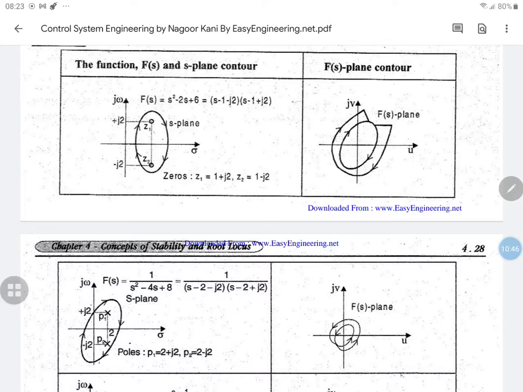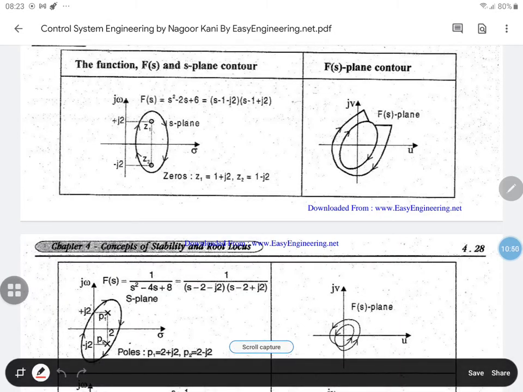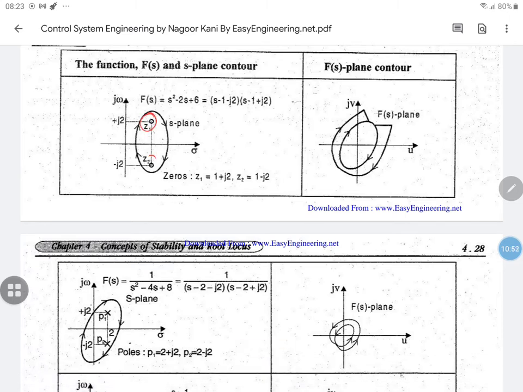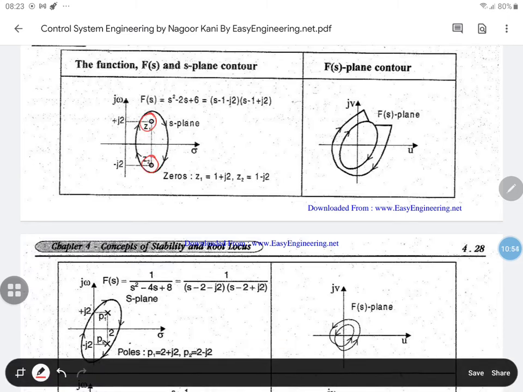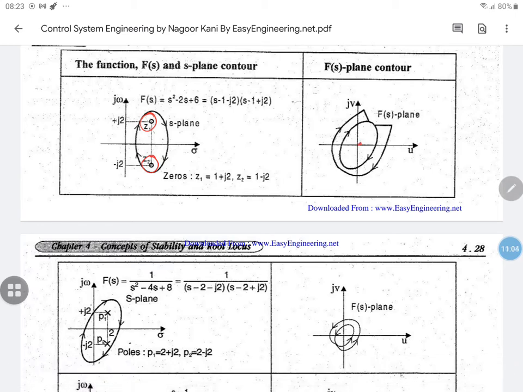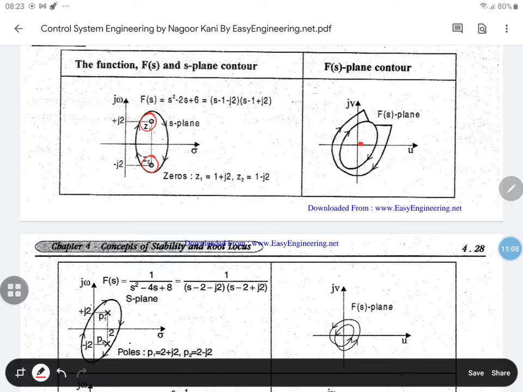You can see here, we have two zeros on the right half of the s plane. So this is a zero, this is a zero, which is in the right half of the s plane. When two zeros are on the right half of the s plane, you can see here the origin is encircled two times, correct?